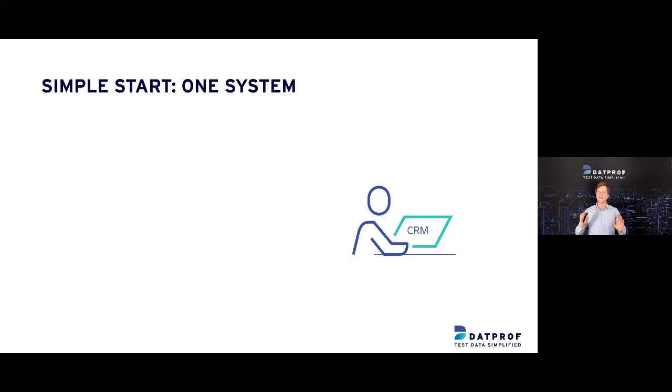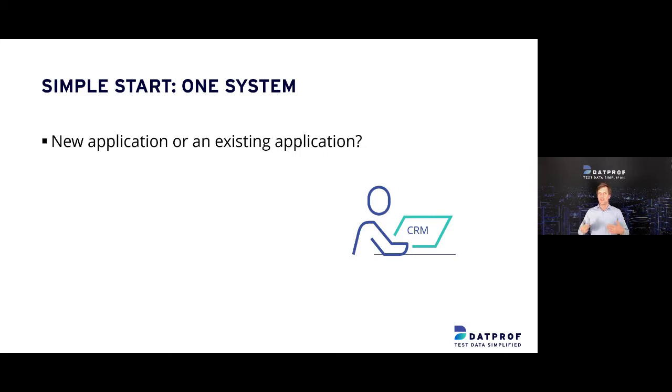So I started with a single system. You have only one system that you want to make compliant with privacy regulations or data protection regulations. The first question that came to my mind, and that we also experienced over the last couple of years, is: is it a new system, a new application, or is it already an existing application?